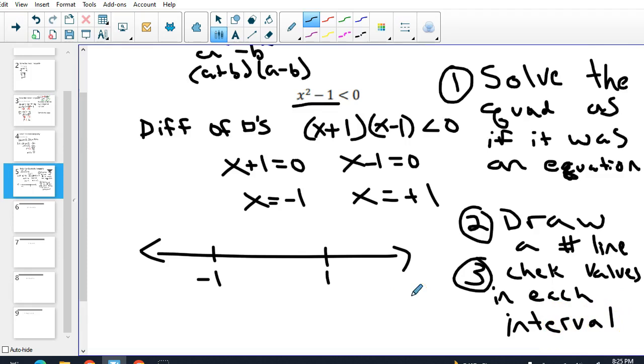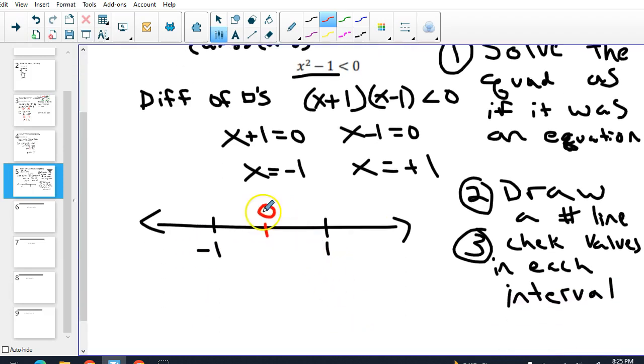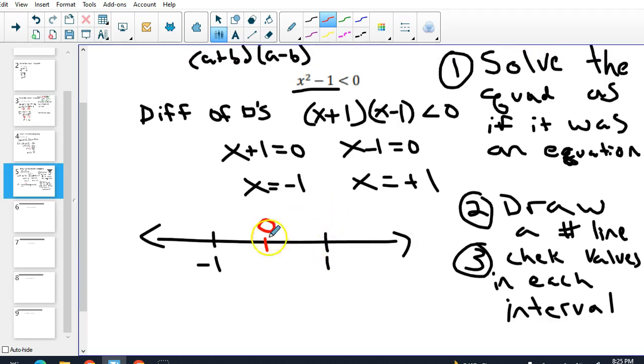Try to pick the easiest numbers you can. Between -1 and 1, well, 0 is in there, so I'm going to check 0. I'm going to take my value, in this case 0, and plug it into the original equation.